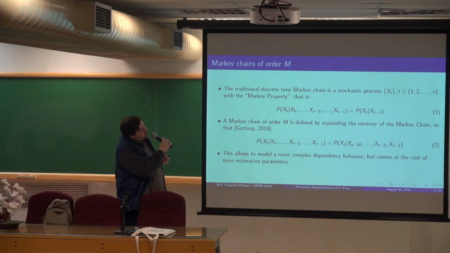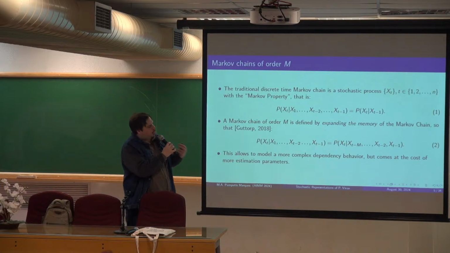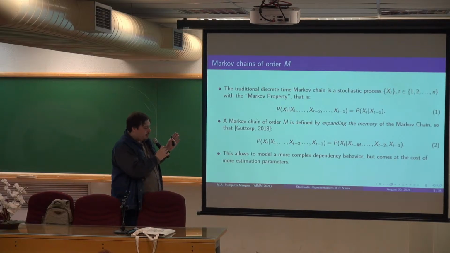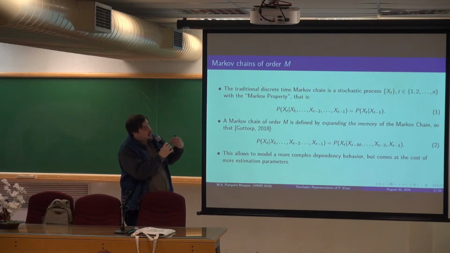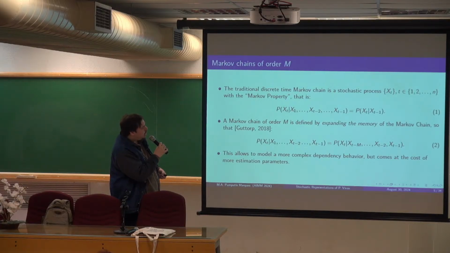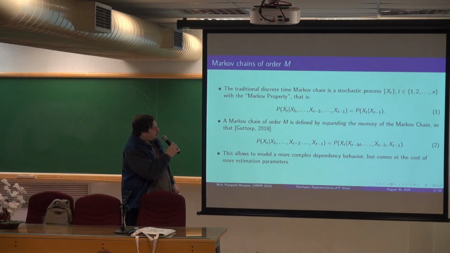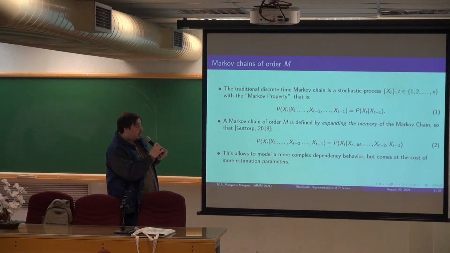But the idea of a Markov chain is that the conditional probability of an event in the present time is dependent, in theory, of all the previous events, but in Markov chains we have a property that it only depends on the immediately previous realization of this random variable. Right? So this is the traditional Markov chain, and this is in equation 2. Is what we call a higher order Markov chain, where we expand the memory.